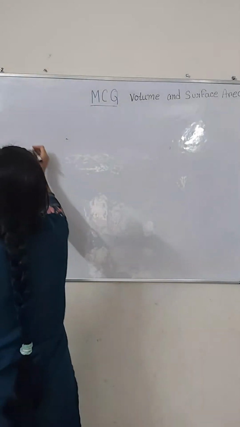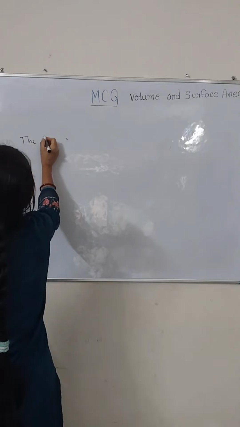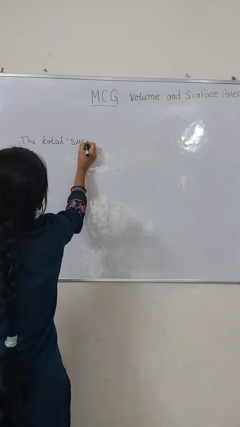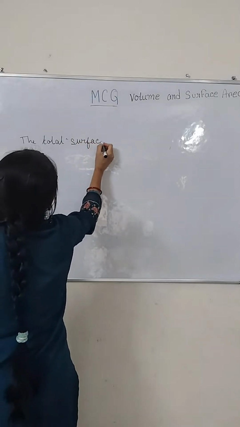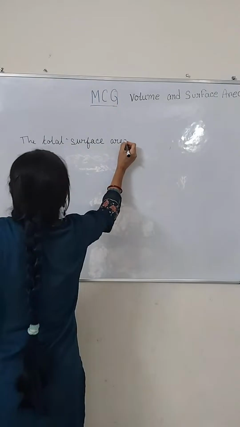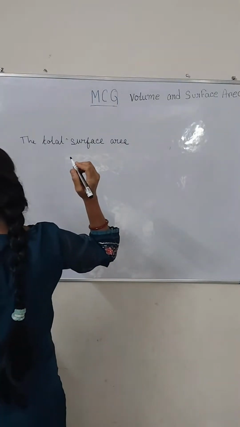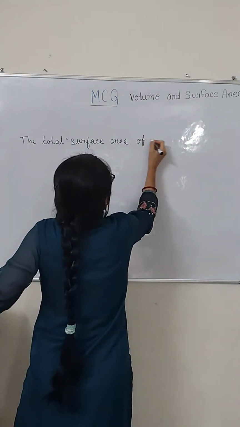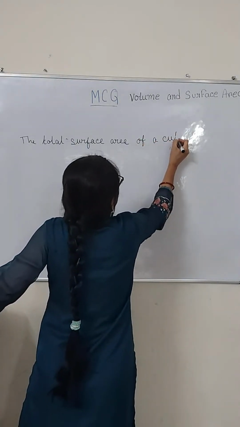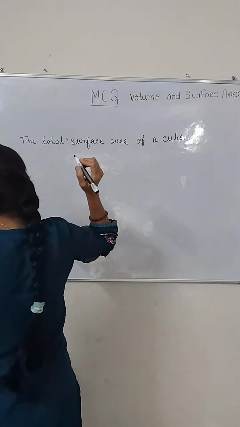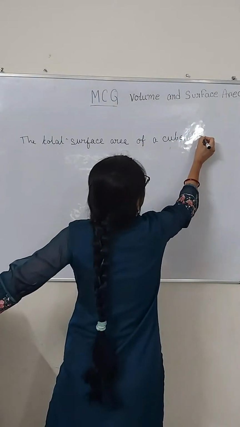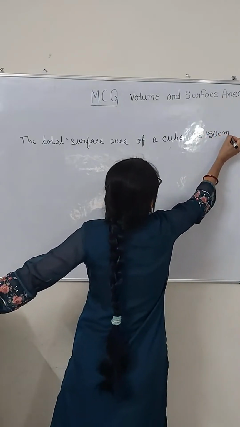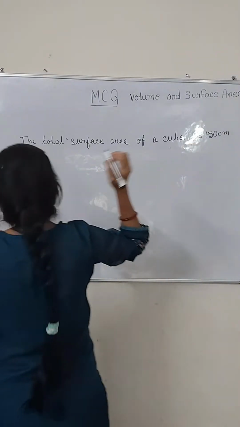The total surface area of a cube is 150 centimeter square.